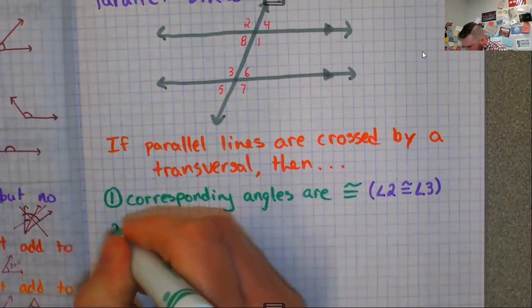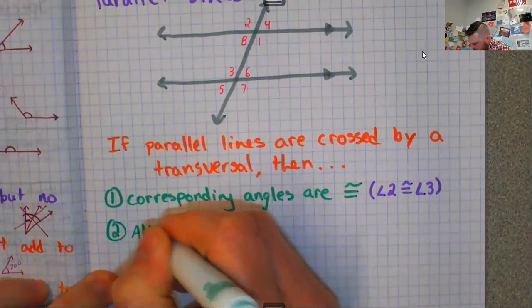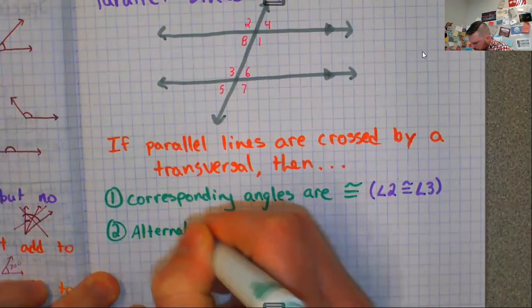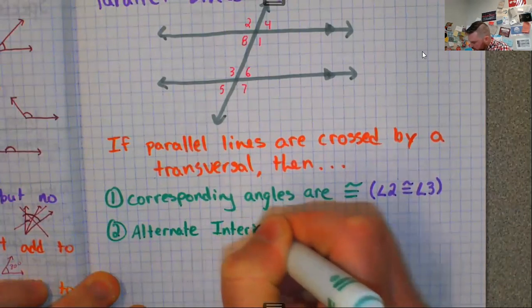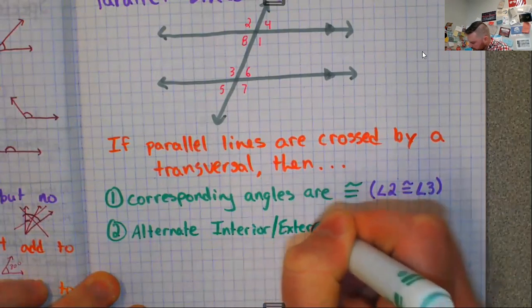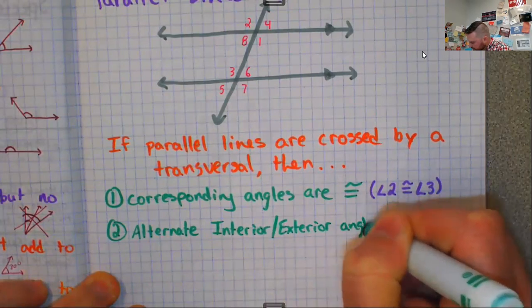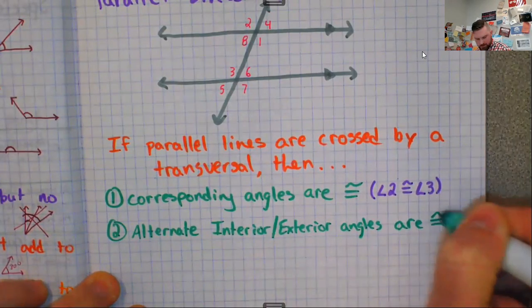Number 2, alternate interior or exterior angles are congruent as well.